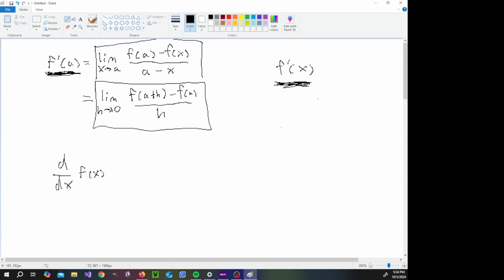So this d over dx is an operator, because what's really happening is I'm starting with some function f, and then I do something to it to get f prime. We've done something to the original function. In math, we call those operations, and the operation that we just did on f was taking the derivative. So this is the derivative with respect to x of f.